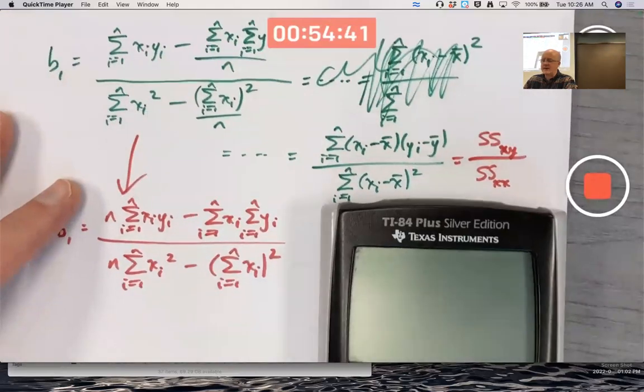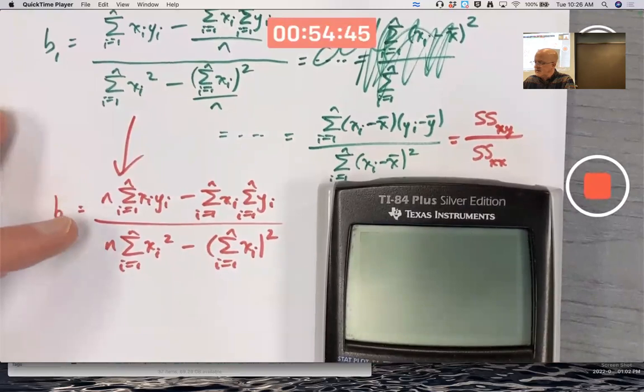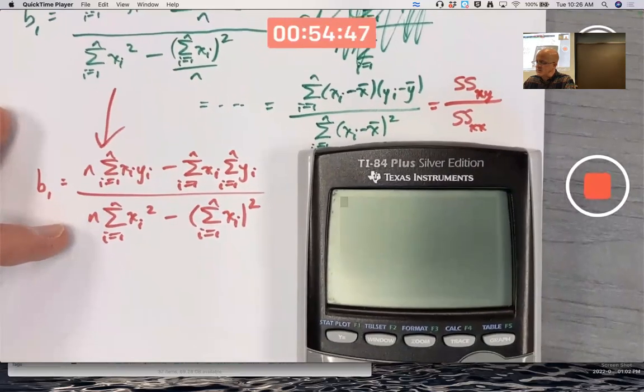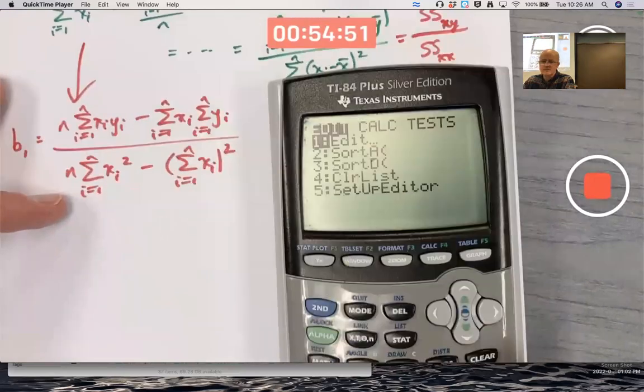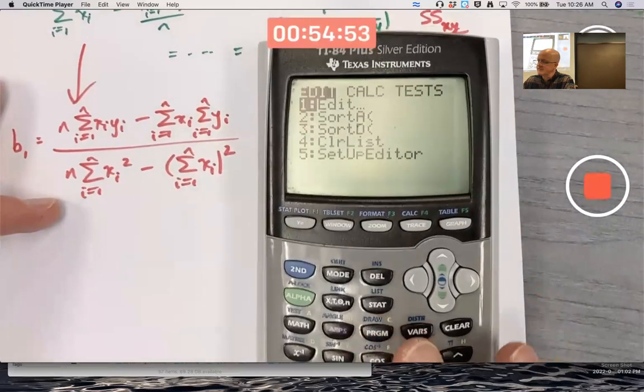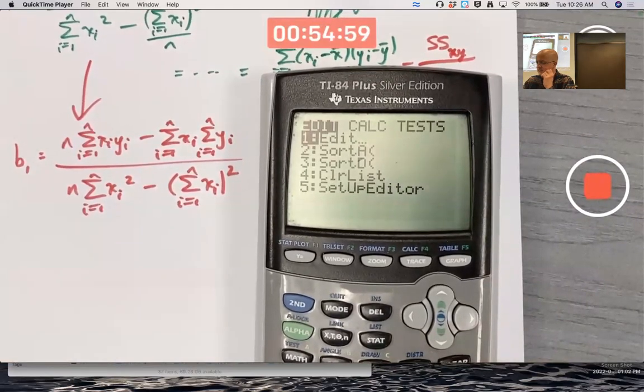So with the TI graphing calculator, start off by going to the stat menu, stat button. Hopefully yours is not too different than this. And the first thing you want to do is the edit menu.